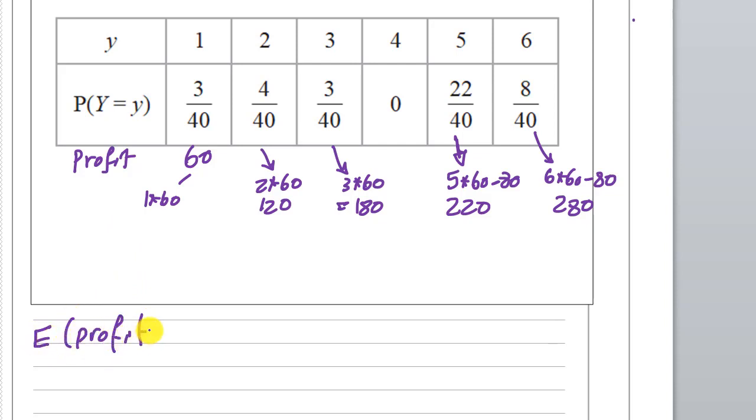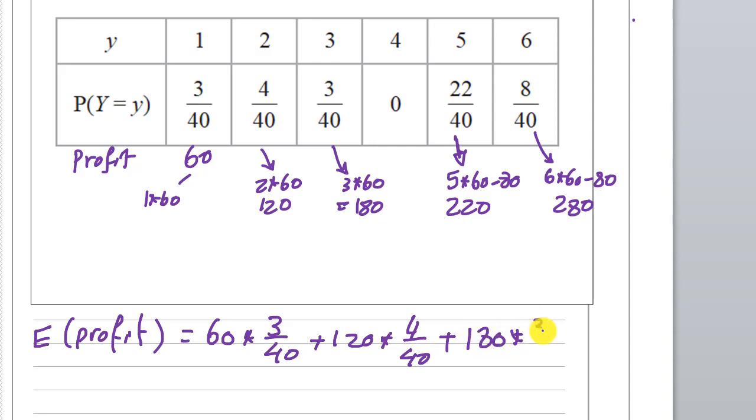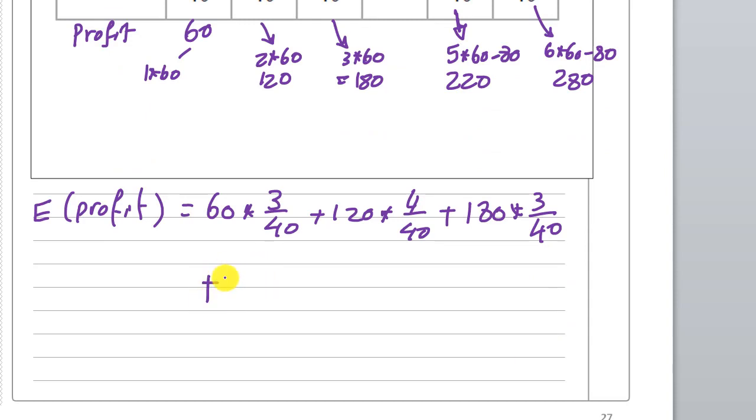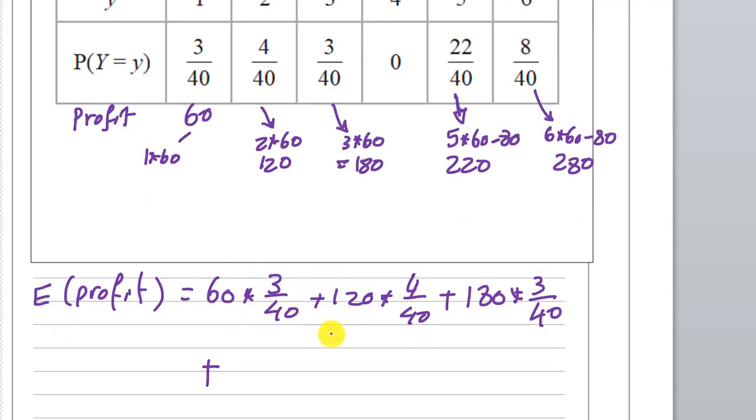So now let us write the expected profit, is equal to 60 multiplied by 3/40 plus 120 multiplied by 4/40 plus 180 multiplied by 3/40 plus 220 multiplied by 22 divided by 40 plus 280 multiplied by 8 divided by 40.